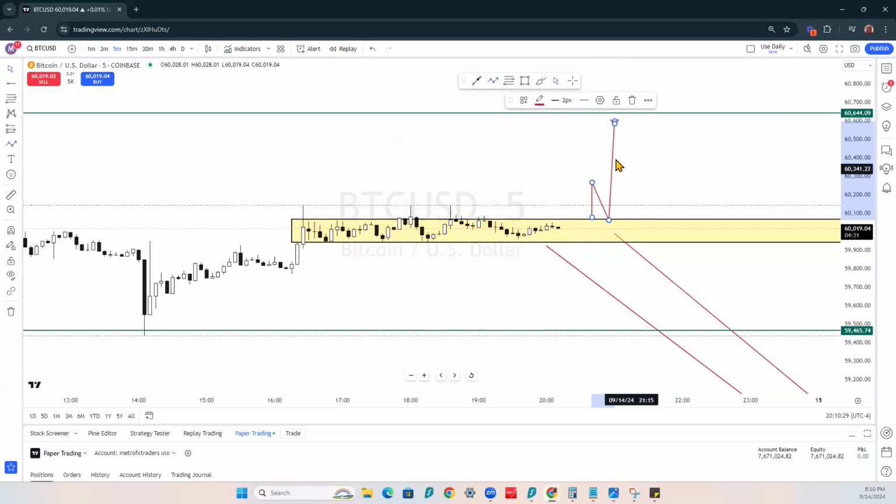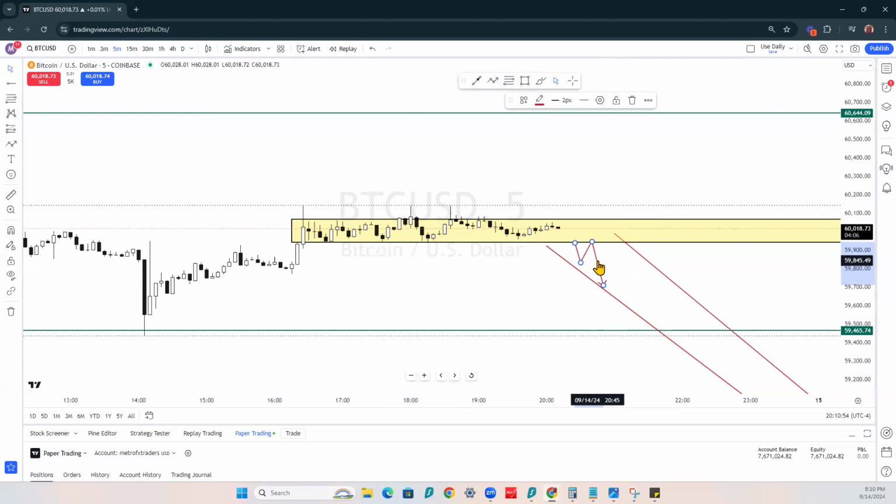That's one prediction. Or it breaks through the consolidated area here, touches it back, retrace. Remember, you're into the market on a retracement, and then it goes lower. So you gotta wait for the breakout to happen before you take a trade.